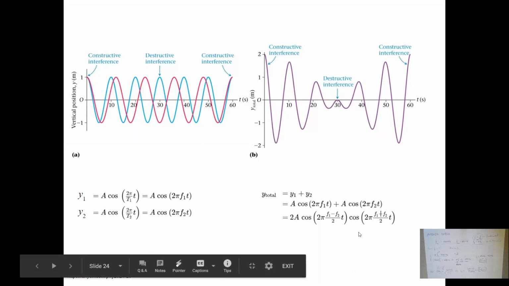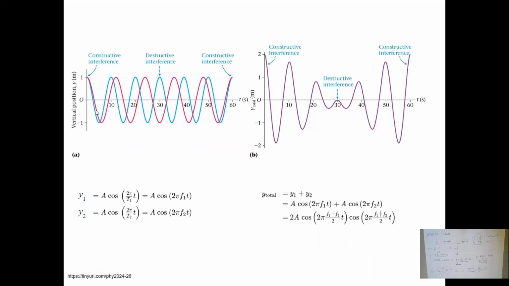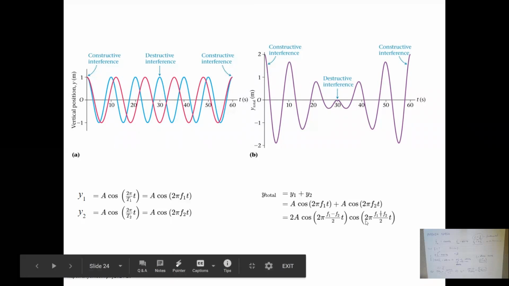So you can see, this is the original. If you call the red y1, then the blue is y2. When they add up, this is the resultant. You can see that the amplitude decreases and then increases. However, there is the oscillation referring to the cosine of f1 plus f2 divided by 2.